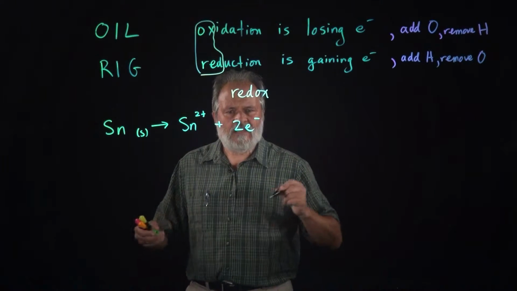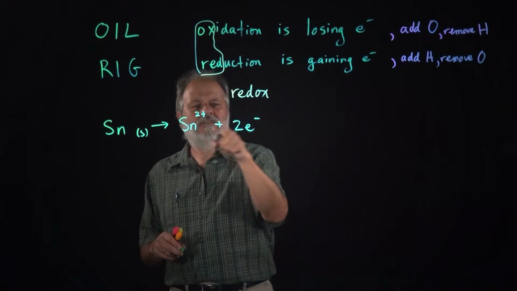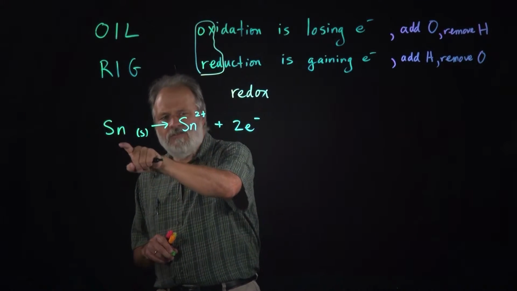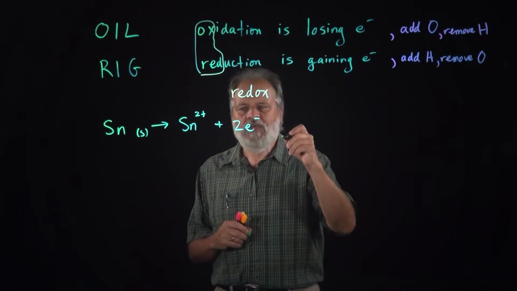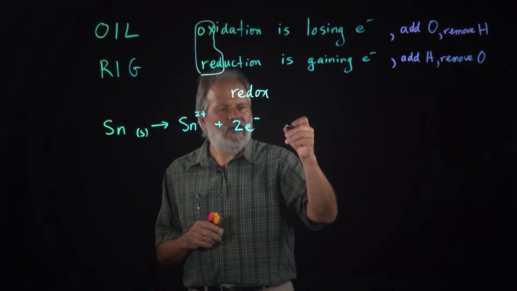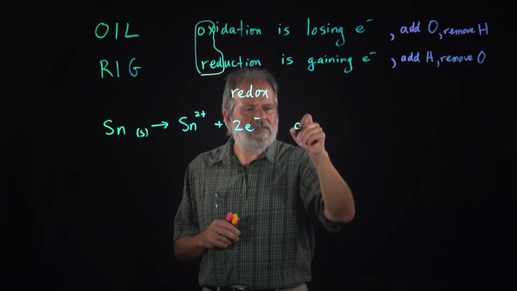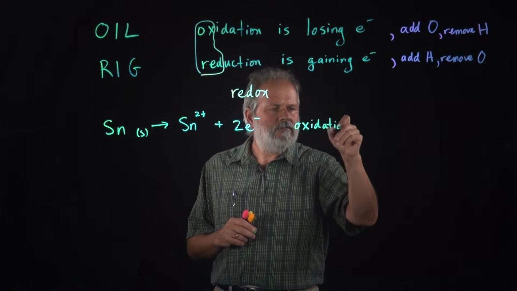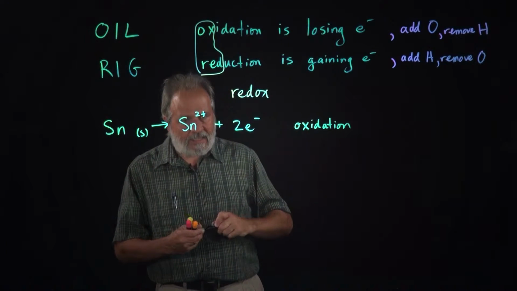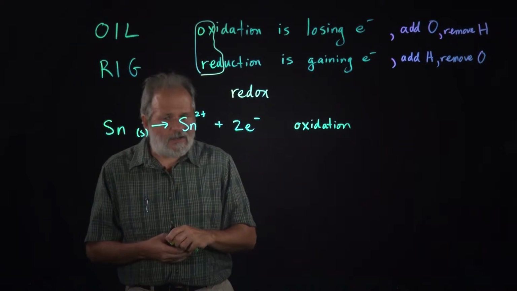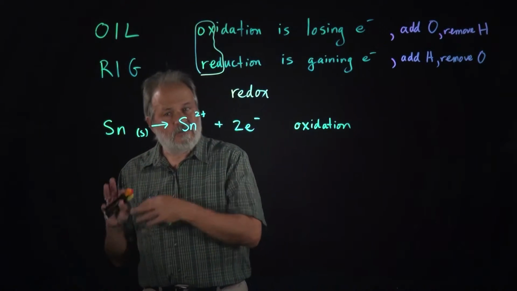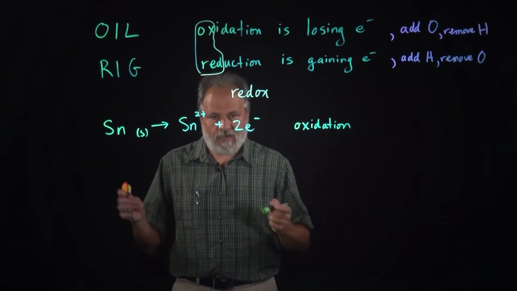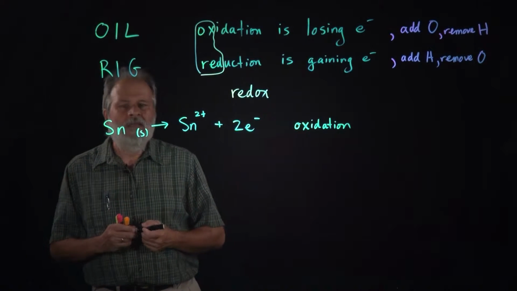Okay, so this is an oxidation because oxidation is losing electrons. This has lost 2 electrons when it goes from tin 0 to tin +2. So this is oxidation. Okay, now this electron has to go somewhere, and wherever it goes, it's going to do a reduction of whatever it goes to.